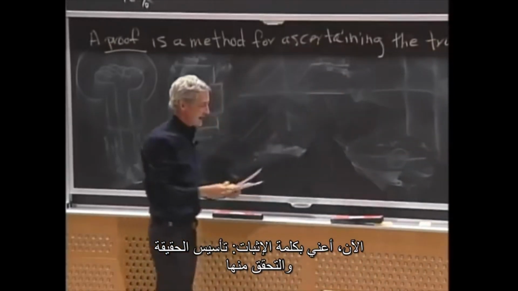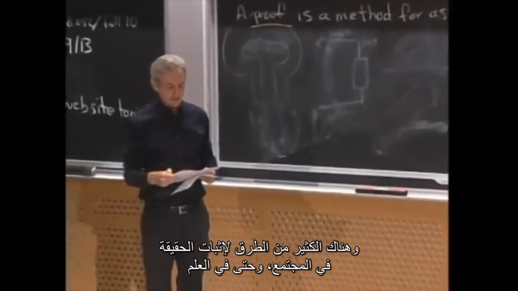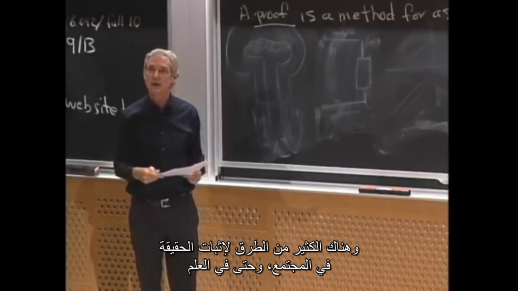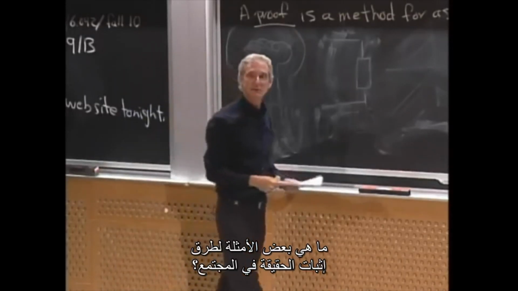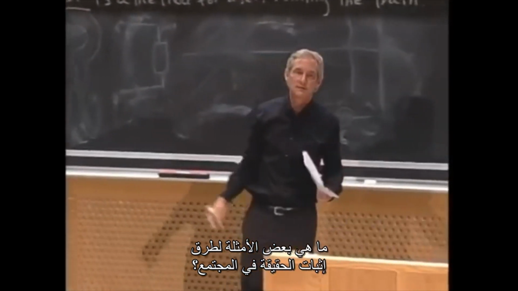Now, by ascertaining, I mean establishing truth, verifying truth. And there's lots of ways to ascertain truth in society and even within science. What are some examples of ways that we ascertain truth in society?